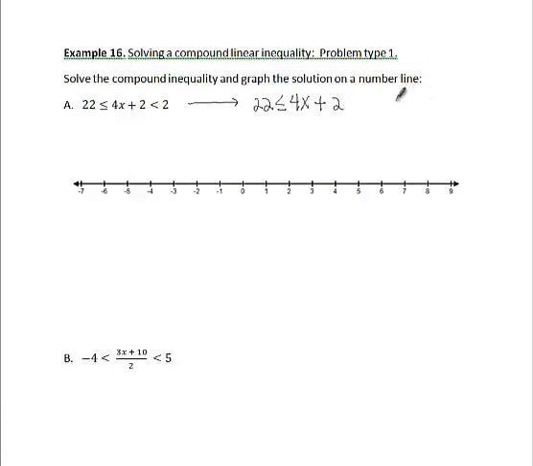And then we can split it up into two inequalities, and so we write the 4x plus 2 again, less than 2. And whenever the inequality is written this way, there is understood to be a conjunction of and that relates the two inequalities together.